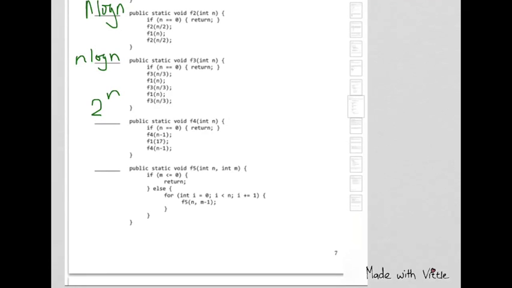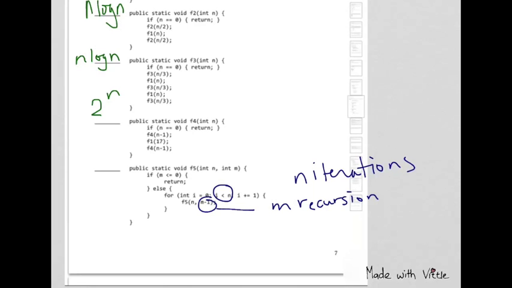On to the final part of the problem. We can look at F5, and we'll see there's a for loop and a recursive call. In the for loop, we're going to iterate through n times, so there will be n iterations. Inside the for loop, we'll have m recursive calls for each iteration.